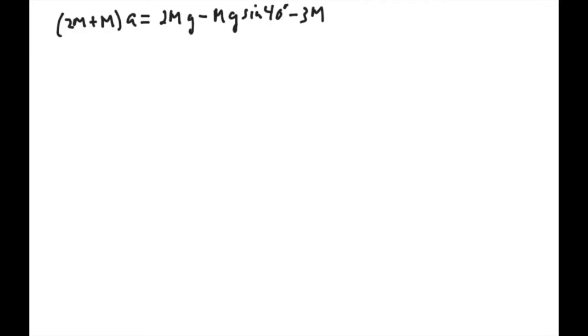We have 3ma is equal to m times 2g minus g sine 40 minus 3. The m's cancel out, so that was a nice thing because we weren't given the mass.